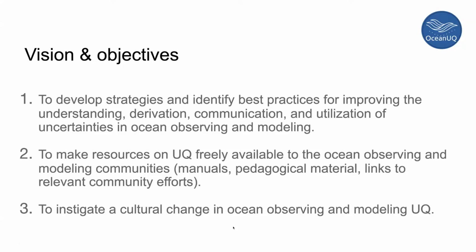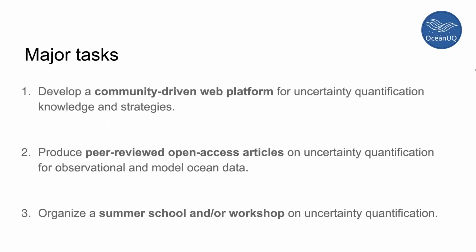We also want to get the community using similar language and techniques, so that when I say uncertainty, it means the same thing to you. More specific tasks for the working group are first to develop a website to share resources and strategies, second to produce some publications, and third to organize a summer school or workshop or some hybrid of the two.